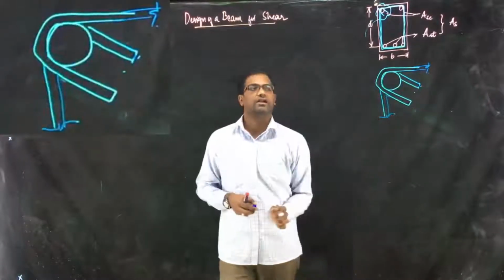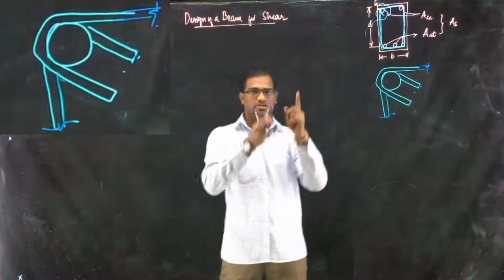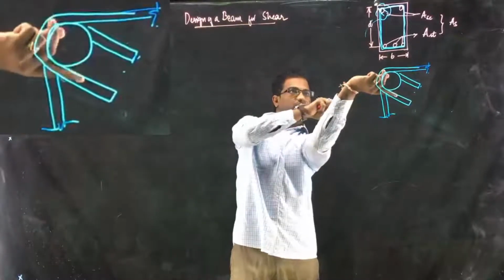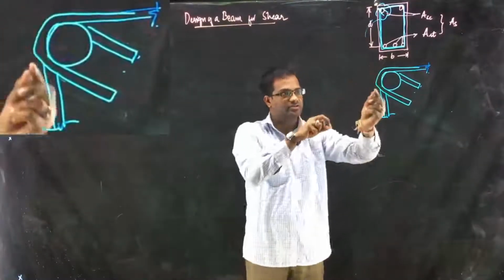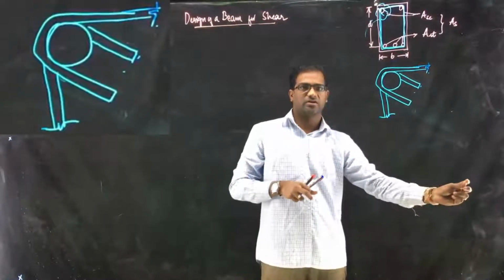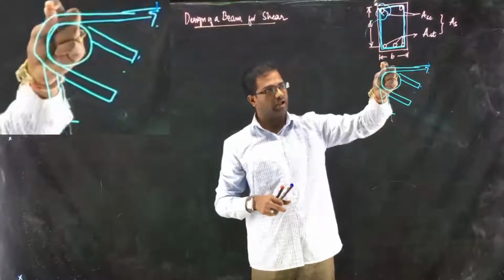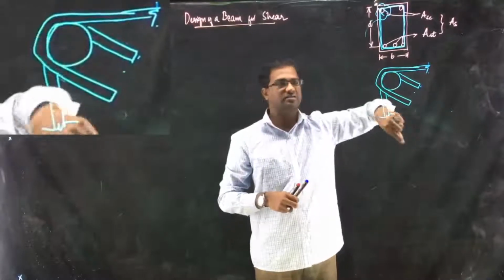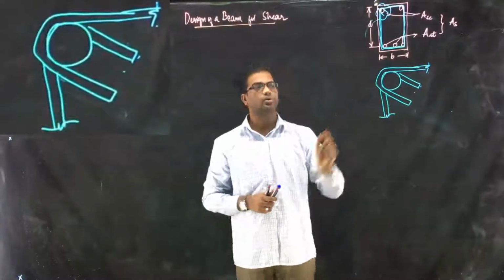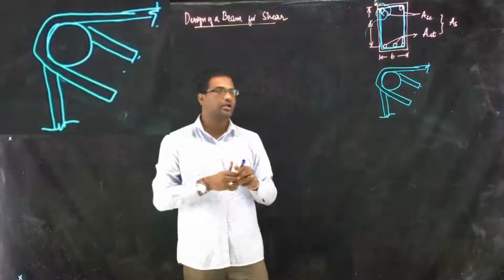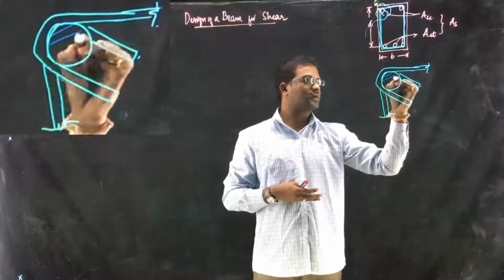So this is done alternately, which means a steel rod is bent like this, then 90 degree bend, 90 degree bend, 90 degree bend, and 135 degrees, and it is tied. This is how it is made to the main steel bar.